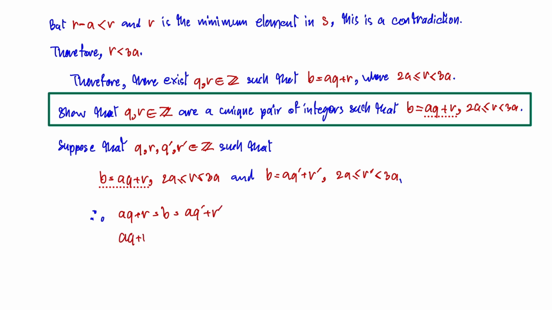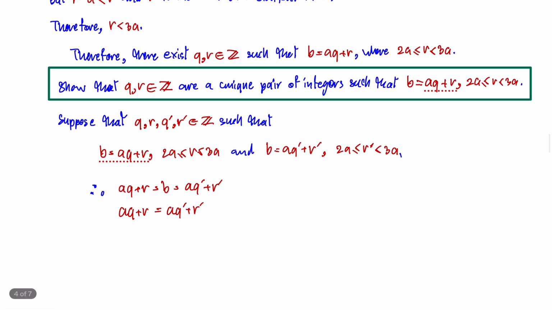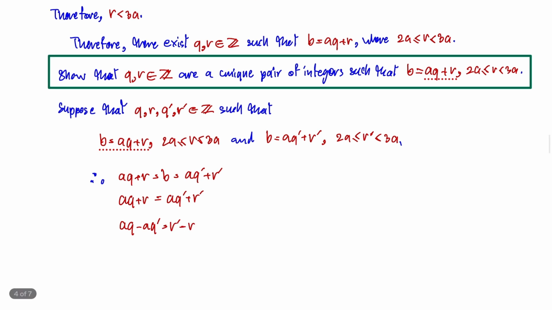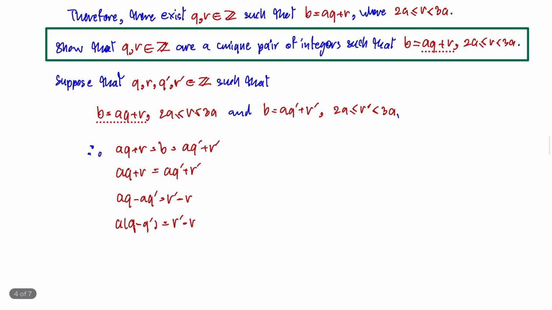So we're gonna have AQ plus R equal to AQ prime plus R prime. I want to let the terms with Q be on the same side and R on the same side. So we're gonna have AQ minus AQ prime equal to R prime minus R, so A times Q minus Q prime equal R prime minus R.